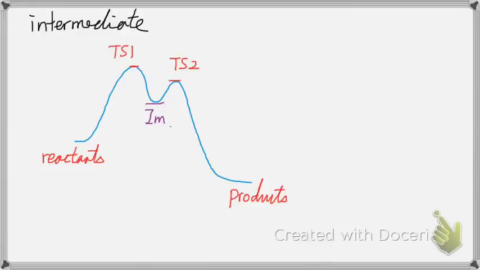And typically, intermediate is not isolated either, even though it might be more stable than the transition state. We will see reactions with different types of intermediates later in the next chapter. So just to let you know, we may have some of these new terms coming up.